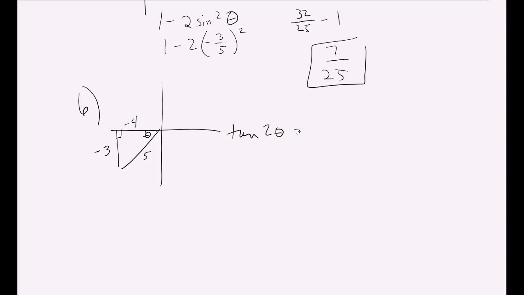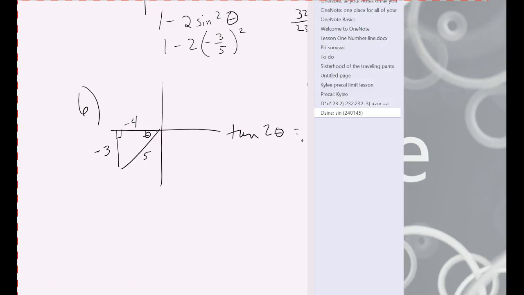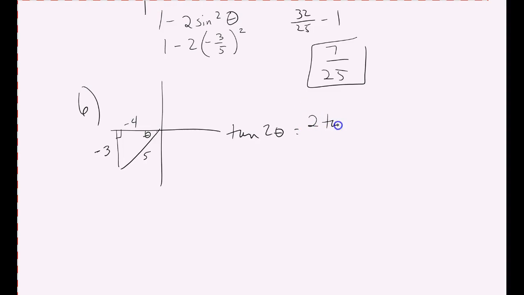So now we need to look for a formula for this. So look back at your page if you haven't done this one already. I'm actually looking back. This is one that I don't have memorized. So it's 2 tangent over 1 minus tan squared. Okay, so basically I need the normal tangent, then I'm going to plug it in everywhere. So tangent of an angle is the y over the x or the opposite over the adjacent.